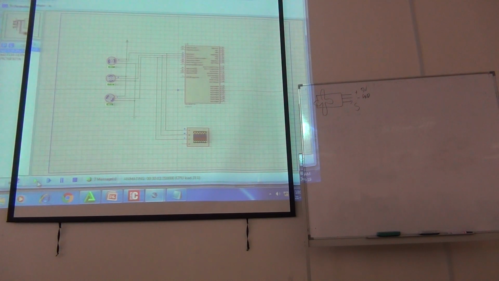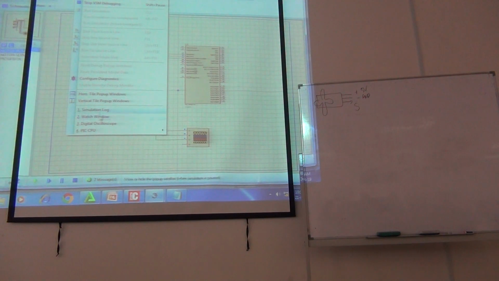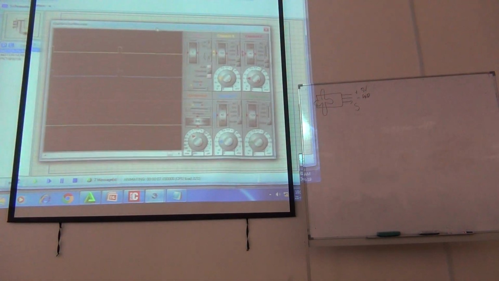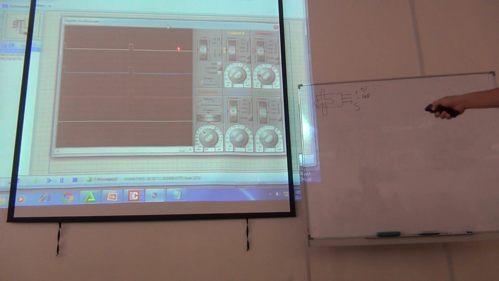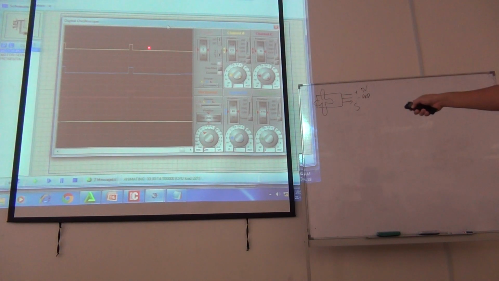So let's look at the PWM here from your oscilloscope. This is the PWM on your oscilloscope, for pin RA0, pin 1 and pin 2. Look carefully.